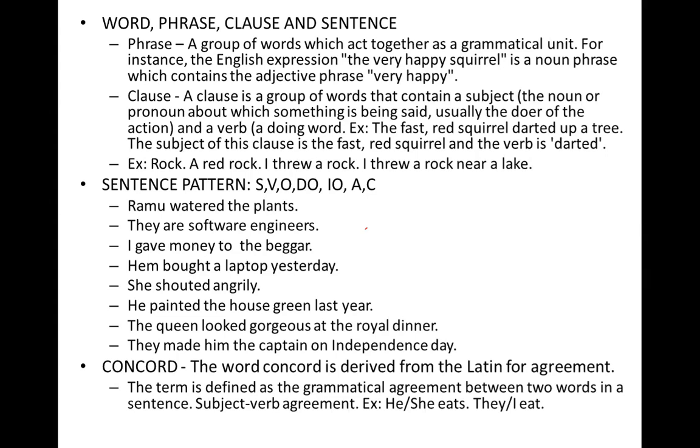There's no difference, just that the adjective comes before the noun, whereas the complement comes after the verb. Simple. Any other doubt? No, ma'am. Okay, so now let's go to concord.